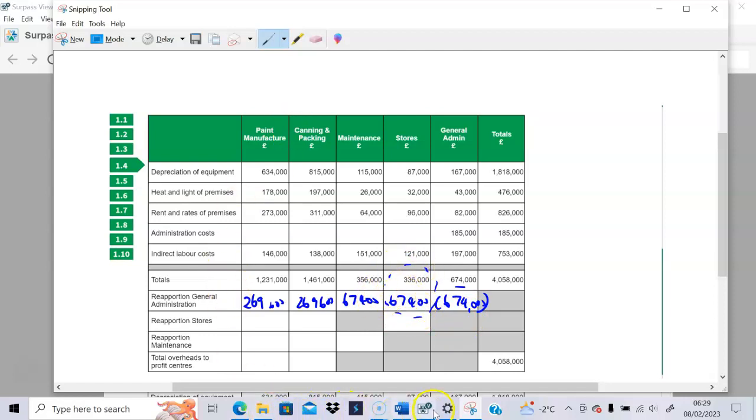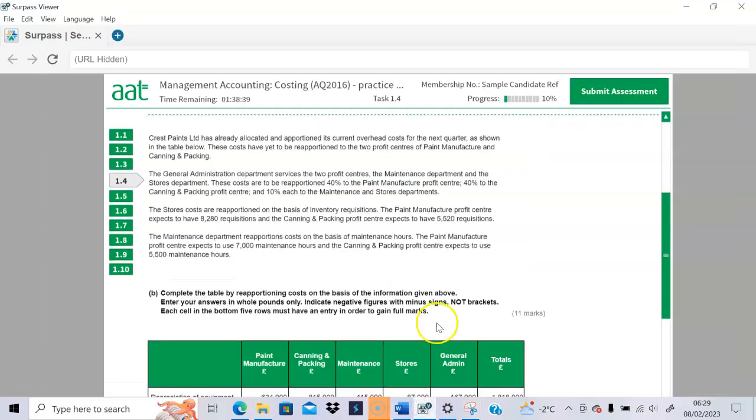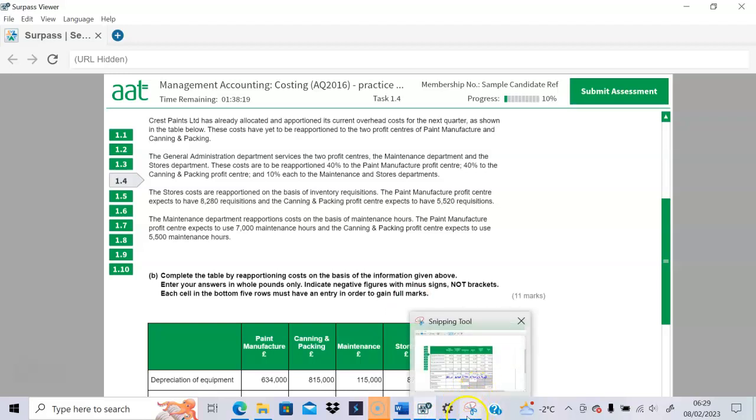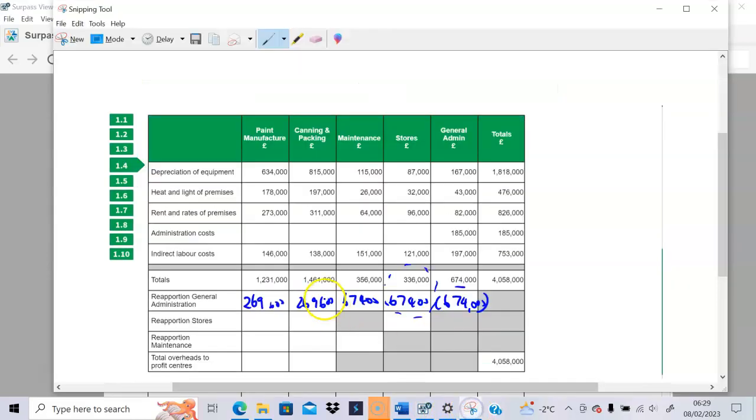Let's go back to the question. It tells us here that we want you to then reapportion stores based on inventory requisitions, and it says that the paint has 8280 and canning has 5520. So let's do that. 8280, 5520.